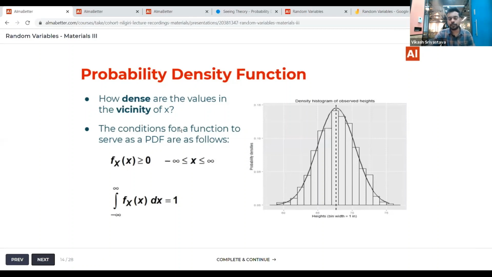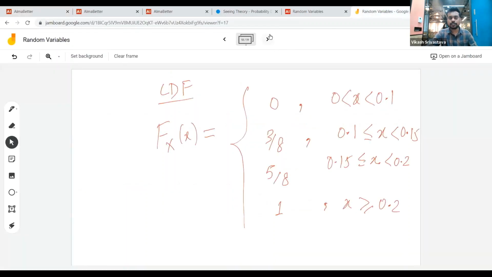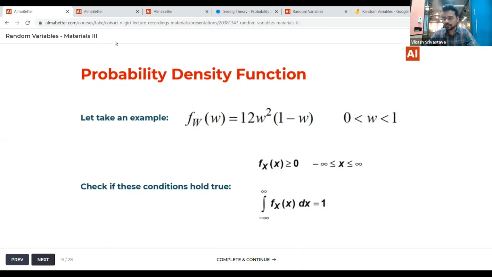This is the definition of a probability density function, and let's check whether these two conditions hold for a particular example. Let's take this example, f of w, which is 12 w squared times (1 minus w) for w between 0 and 1, and 0 otherwise. I'll just write this: capital W is equal to 12 w squared (1 minus w), 0 for w outside 0 to 1.